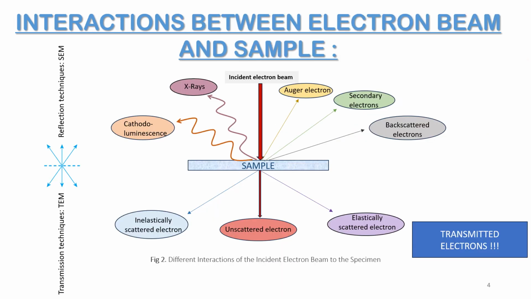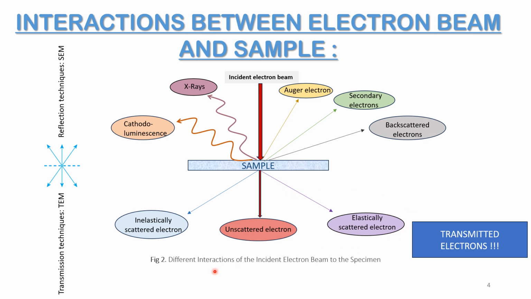Now, as can be seen from this picture, when the incident beam is allowed to fall on the sample surface, various types of interaction occur which lead to the generation of Auger electrons, secondary electrons, backscattered electrons, X-rays and cathodoluminescence. And some of this incident beam may get transmitted through the sample and give rise to inelastically scattered electrons, unscattered electrons and elastically scattered electrons.